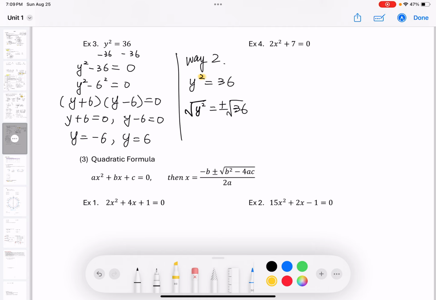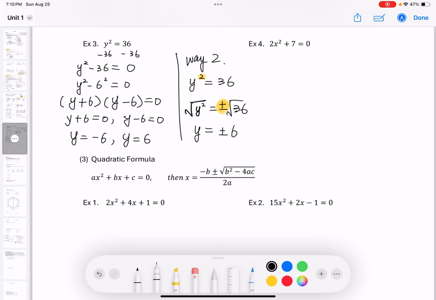If you take the square root of a variable, x, y, z, any variable, you must have two solutions, positive or negative. So don't forget the plus or minus sign. So y is rescued. Now we have y isolated, y is equal to plus or minus 6 because the square root of 36 is 6. So two solutions, positive or negative 6. This is way 2.